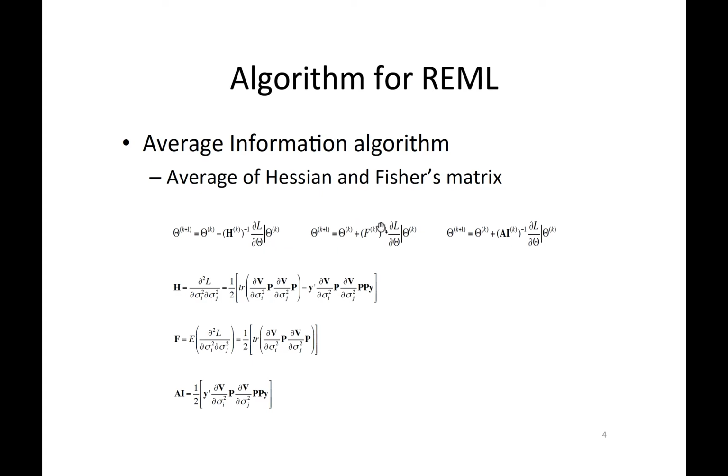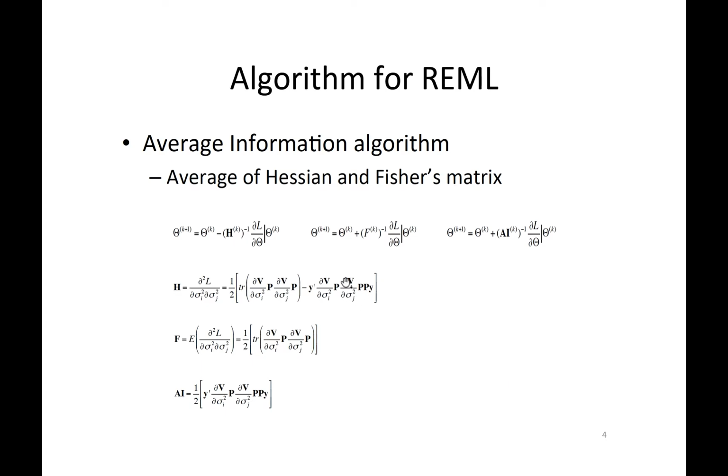For the Fisher method, this H matrix is replaced with the Fisher scoring information matrix. Then the average information takes the average of this H and this Fisher matrix. So H matrix is the second derivatives of the likelihood. The likelihood I introduced in the last lecture, right?